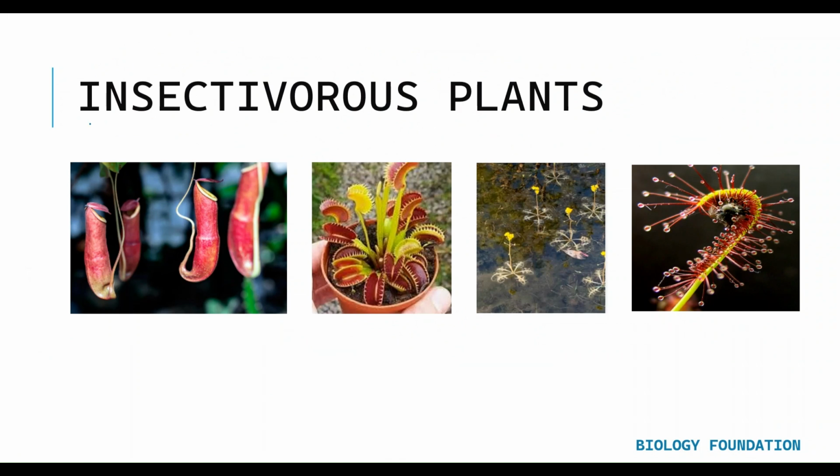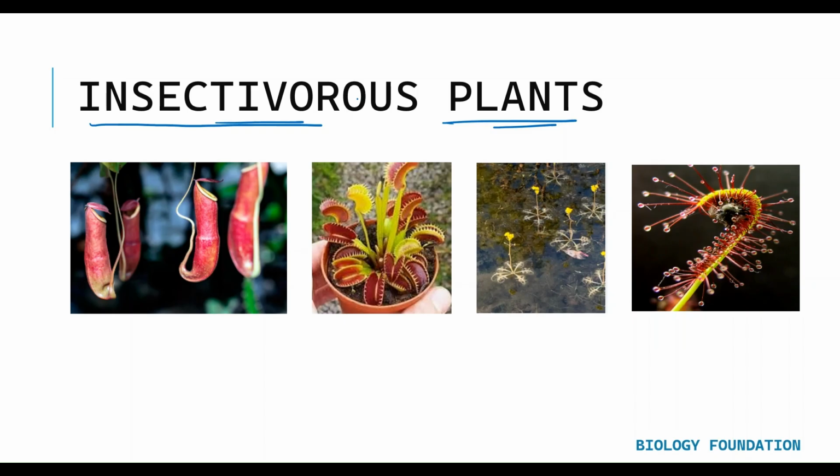Now let's understand what insectivorous plants are. I told you plants are autotrophic, but not all plants are autotrophic, right? Some plants are heterotrophic. Now, insectivorous plants are autotrophic. That means they can perform photosynthesis. But these plants, as the name suggests, trap insects.